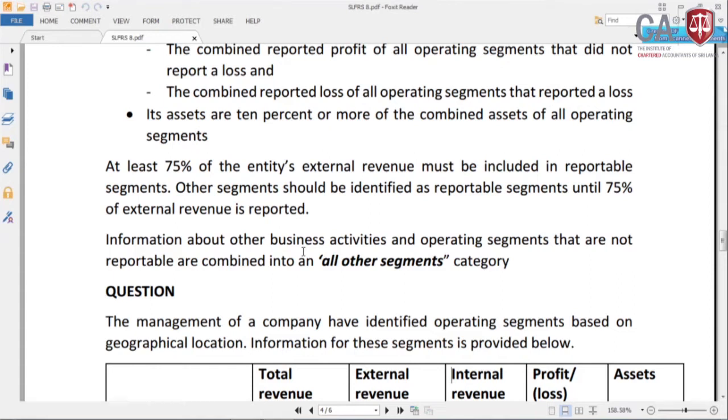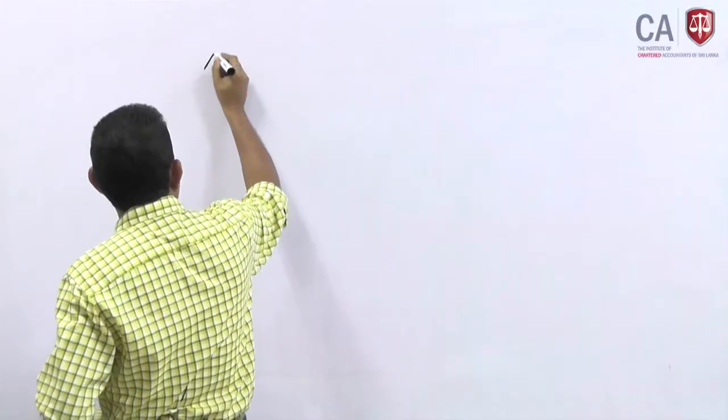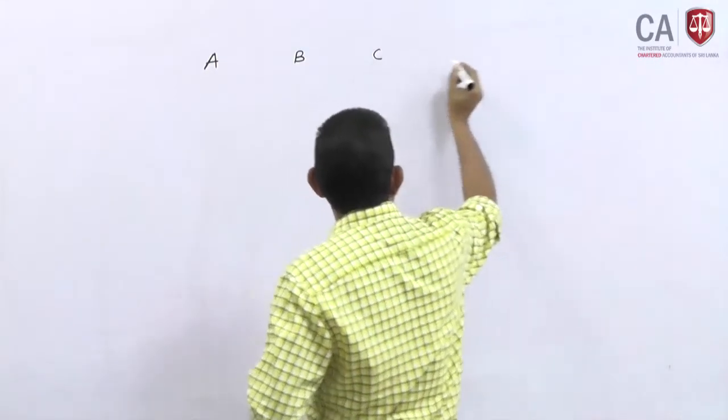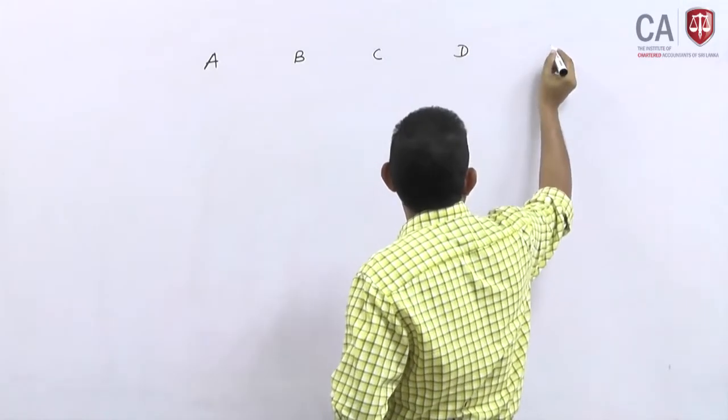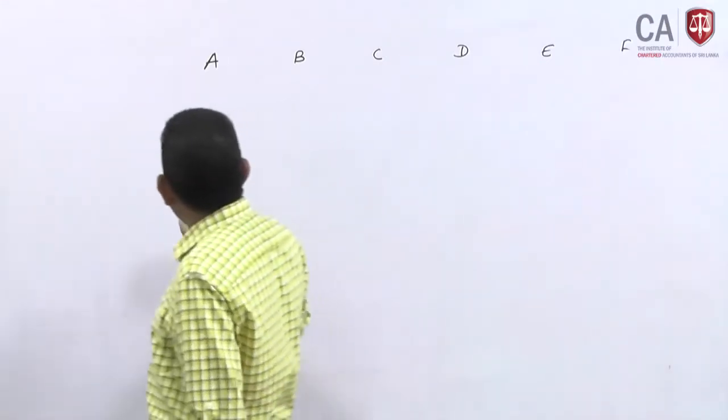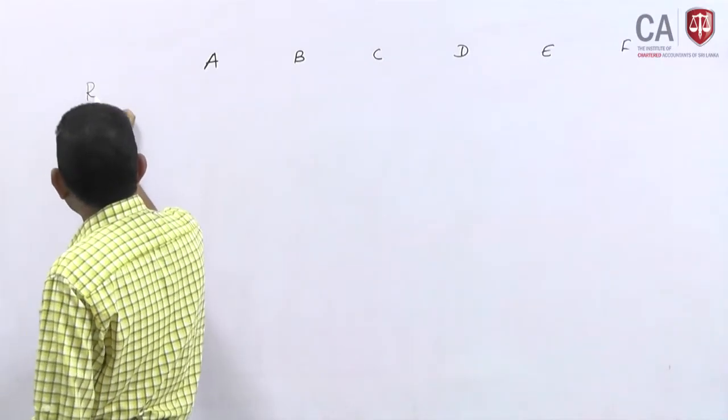Say we have identified a couple of segments, say A, B, C, D, E, F, and let me take the revenue figures here.